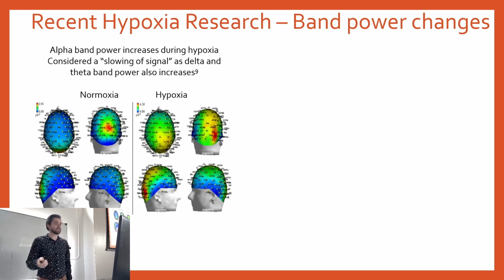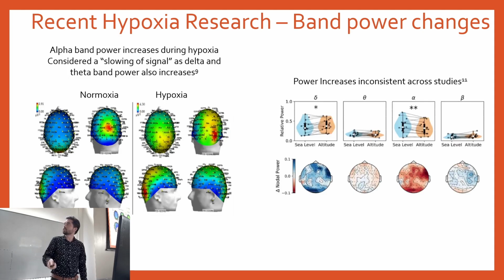In more recent studies, they looked into band power changes, such as the delta and alpha band changes here. Here I have the alpha band power. You can see it increasing throughout hypoxia. These are coming from those bursts you were seeing on the previous slide, increasing the overall magnitude and power of the signal. But these kinds of results have been very inconsistent across other studies.